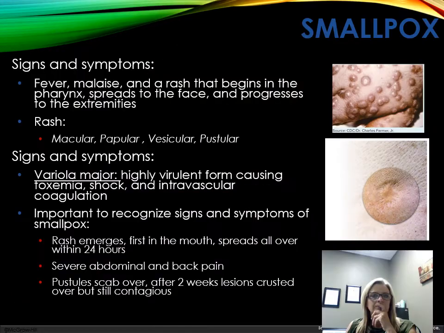All right, so back to smallpox. Smallpox is, like I said, arguably one of the most serious diseases that we have encountered. It is considered a disease of the past, largely due to an effort by the World Health Organization.